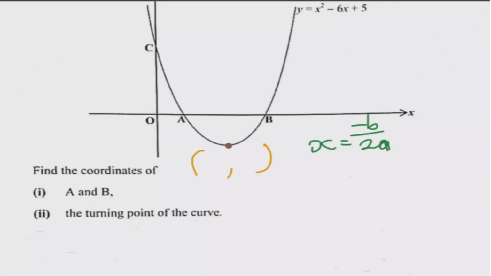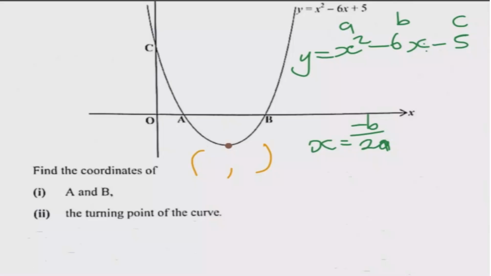When you're dealing with quadratic equations like this one, any term that has x squared is a, the term that has x in it is b, and the constant is c. That you should bear in mind. That means whenever there is b, we replace b by negative 6. Whenever there is a, we replace a by 1, because we have 1x squared there.